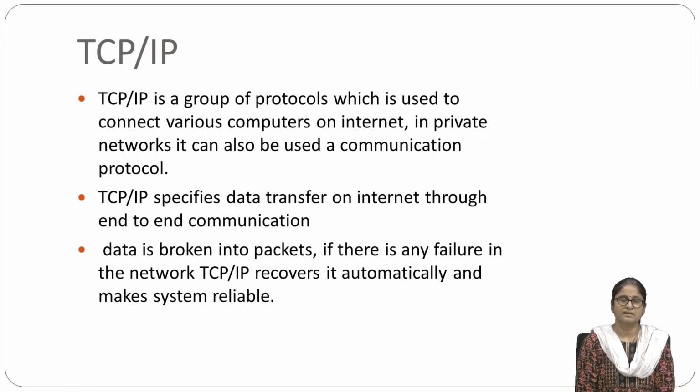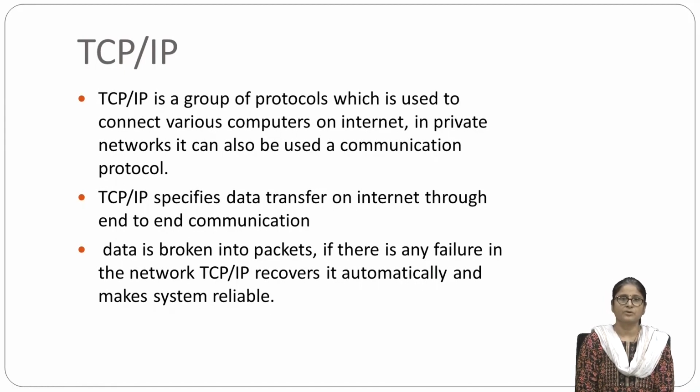It is basically a group of protocols which is used to connect various computers over the internet. And with this protocol, one can communicate with each other. TCP/IP basically specifies the data transfer on the internet through end-to-end communications.